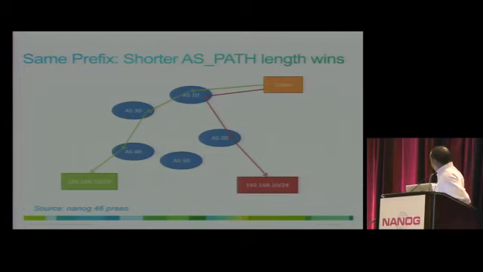Let's say there's a client there, and two ASs, AS20 and AS40, advertise the same prefix. Let's say that the prefix legitimately belongs to AS40. But both AS20 and AS40 advertise the same prefix. By default, because AS20 is a shorter path, AS20 will be picked.